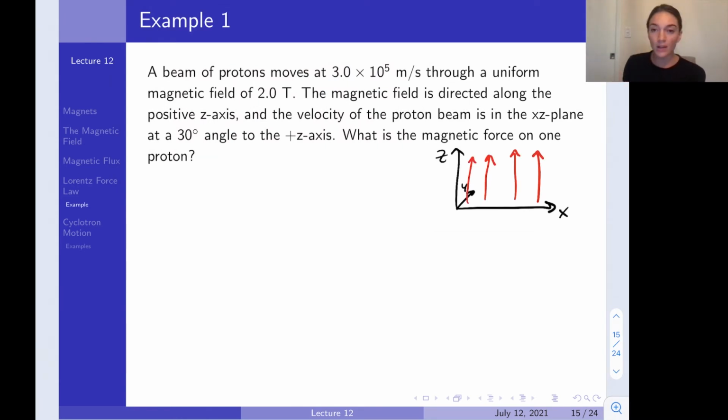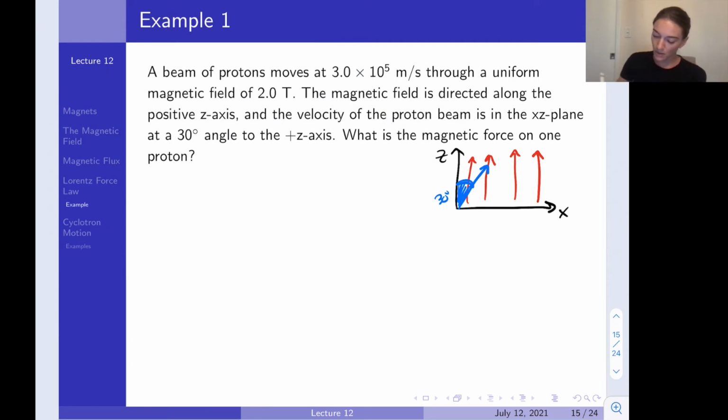And then the velocity of the proton beam is in the xz plane at 30 degrees to the positive z-axis. So the proton beam is sort of like this, where this angle there is 30 degrees.